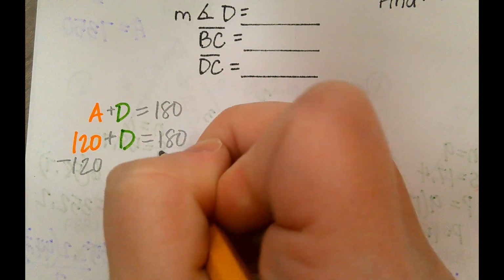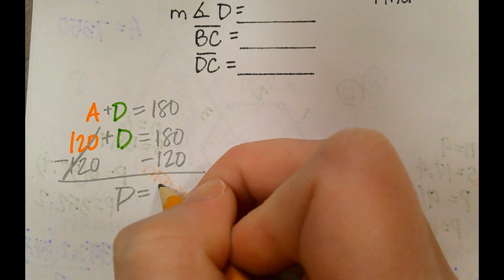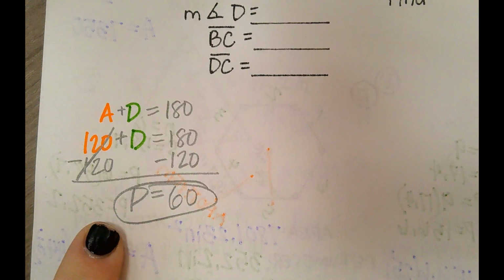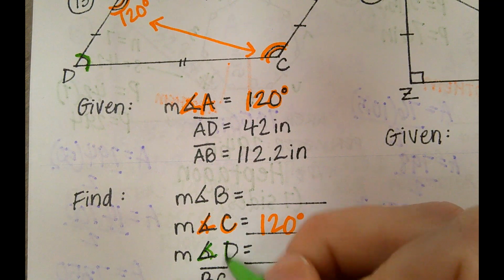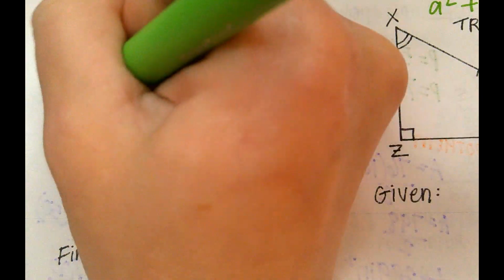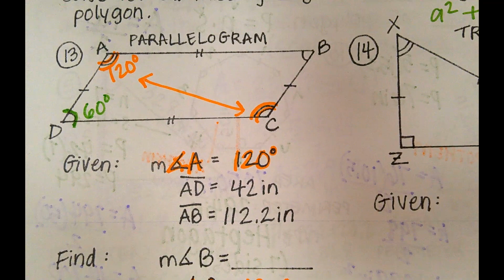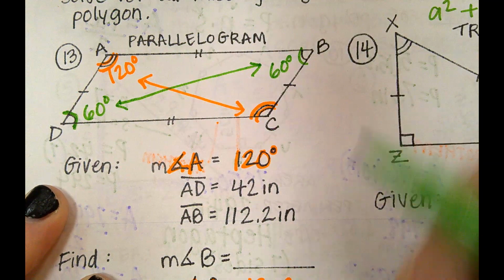We're going to subtract 120 from both sides, from 180. And we get D equals 60. Yes. So angle D is 60. I'll go ahead and do that. Angle D is 60 degrees. And right here, I'm going to put that on my picture, 60 degrees. And angle D is opposite to angle B, so it's also 60.